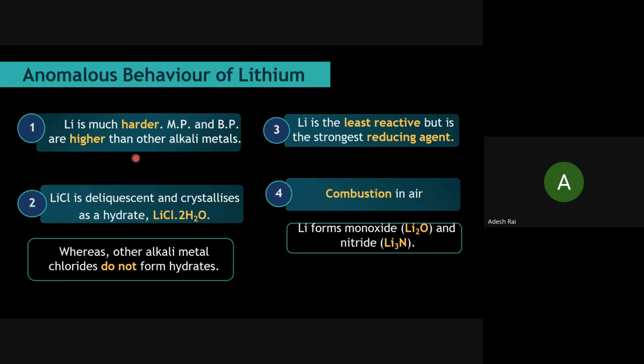Melting point and boiling point are higher than other alkali metals. LiCl is deliquescent and crystallizes as a hydrate, whereas other alkali metal chlorides do not form hydrates. What is deliquescent? Are deliquescent and hygroscopic related to each other? Tell me.